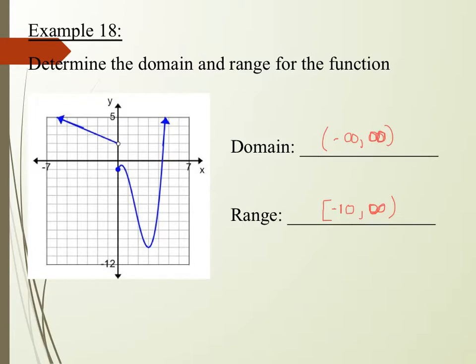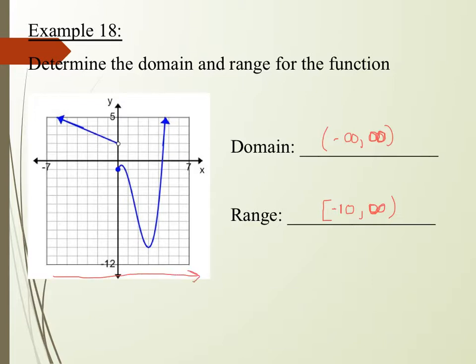In example 18, here we have a discontinuity, but even in this discontinuity, we can find the domain and the range of the function. So here, the domain turns out to be, again, all values of x.